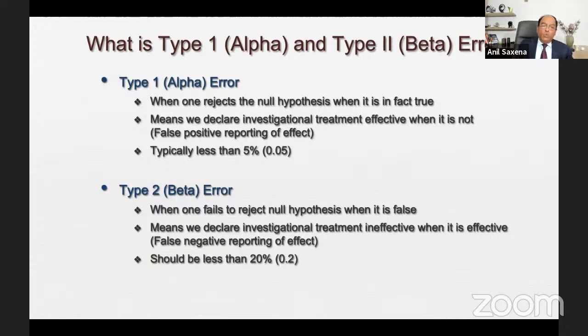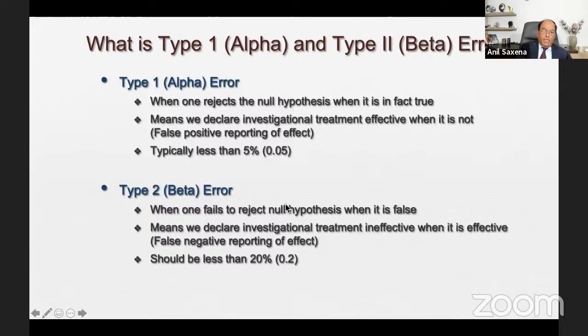So when we do a study, we always have to calculate these things a priori, because whenever you design a trial, you have to know what could be the beta error with this particular sample size. So you create a sample size based on the statistical power, and the power has to be 80% or more.